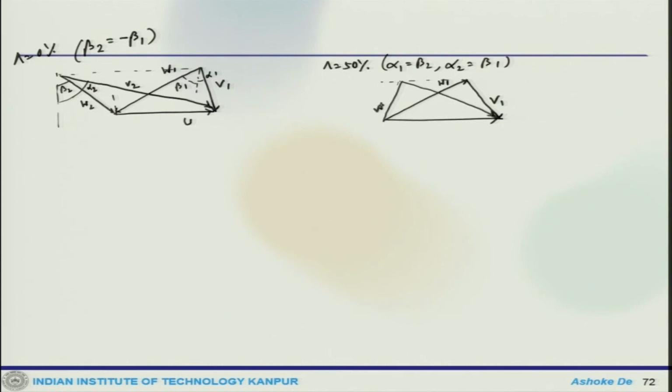That is W2, this is V2, alpha 1, beta 1, alpha 2, beta 2. Okay.